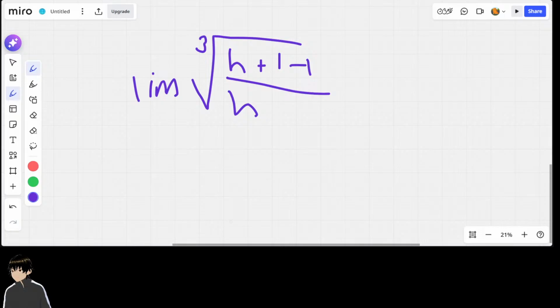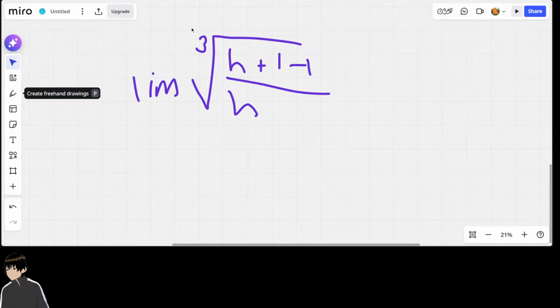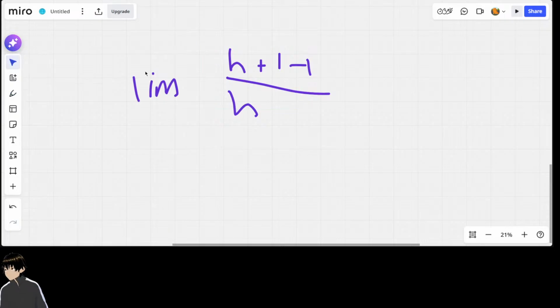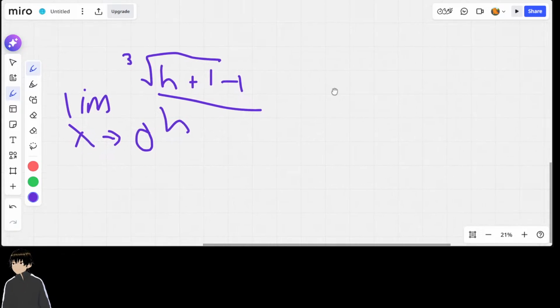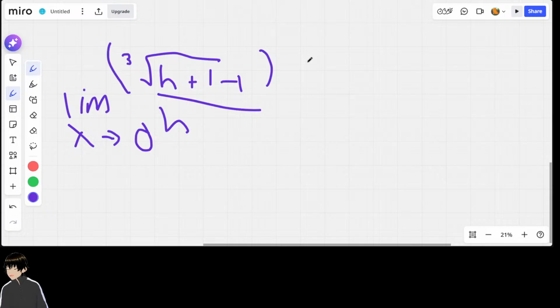Wait. Oh, I overextended the cube root. So this is just here. Yeah, so we have the limit of x to 0, suppose 0. So obviously it's not gonna work. You have to... wait.